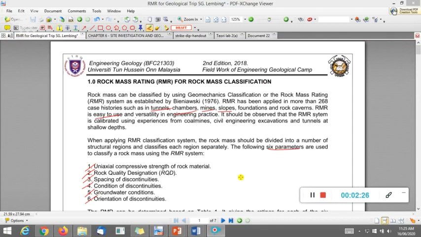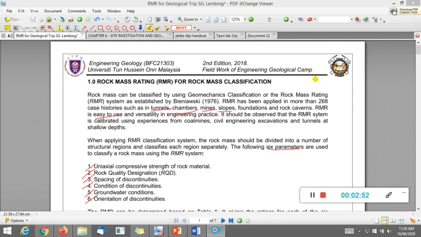For your information, this manual has been developed by previous lecturers, for example Dr. Firdaus, PM Aziman, and other lecturers. Basically, this method was simplified for the users, for students, because this is actually the manual for the geological camp.